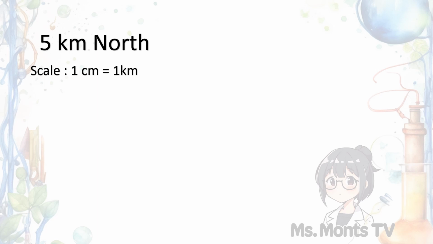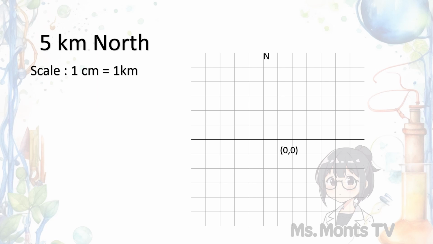We will first draw the Cartesian plane. In this video, I usually use a scale of 1 centimeter equal to 1 of whatever the vector's unit is. So for 5 kilometers north, from the origin, we draw 5 kilometers north.